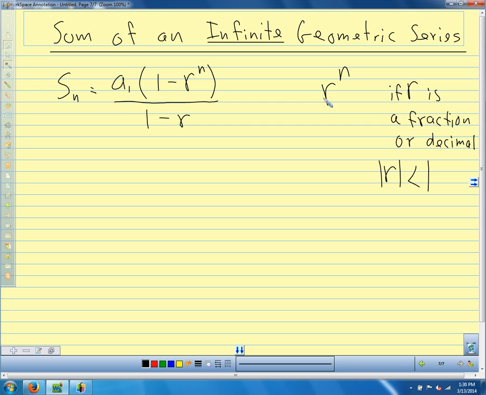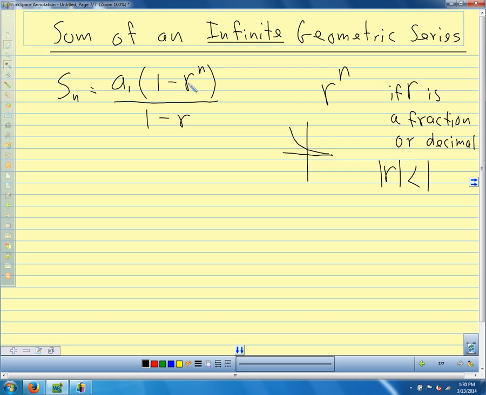If r is a fraction or a decimal, what is the horizontal asymptote of an exponential function like this with the base a fraction or a decimal? 0, right? An exponential function with a base that's a fraction or a decimal looks like this, and it has a horizontal asymptote of 0. So as n gets very, very large, way out here, r to the n gets closer and closer to 0.